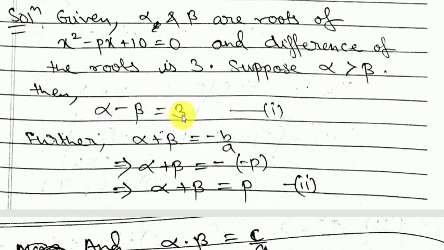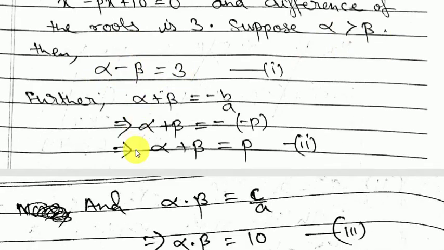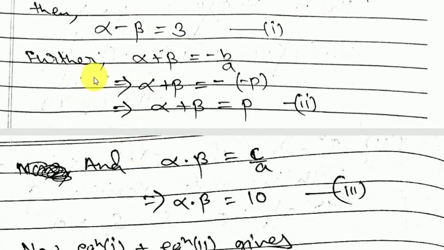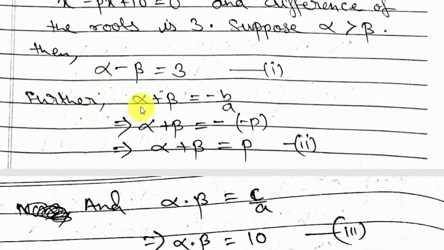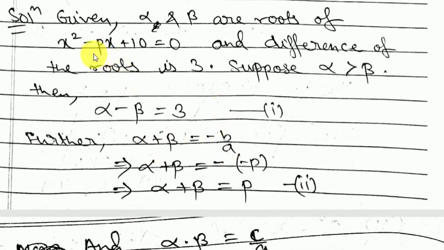Next, we know that the sum of the roots is minus b upon a. So alpha plus beta will be minus b upon a, but here what do we have in place of b? Minus p.